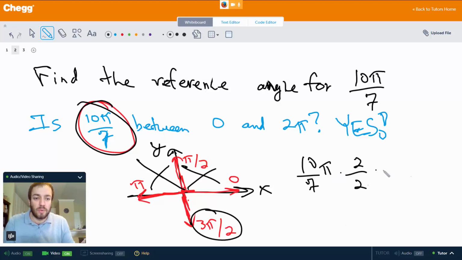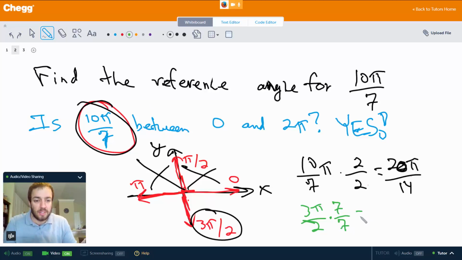times 2 over 2 is going to be 20 pi over 14. And likewise, for 3 pi over 2, we can multiply that by 7 over 7. And that's going to give us 21 pi, okay, because 3 pi times 7 is 21 pi, over 14.